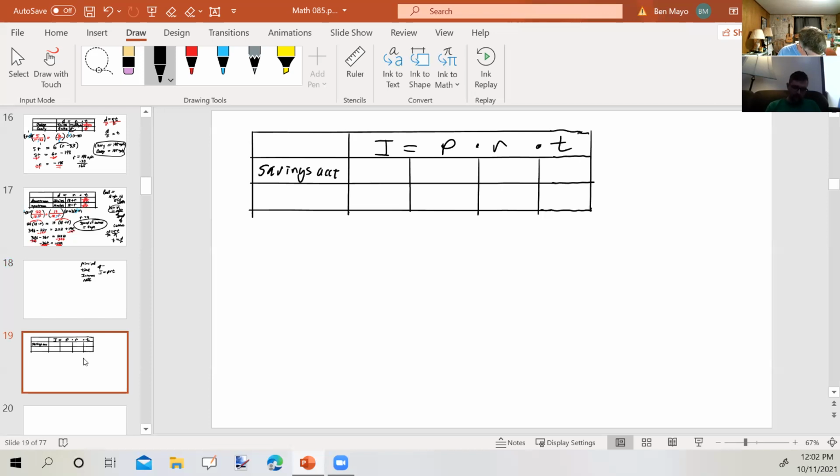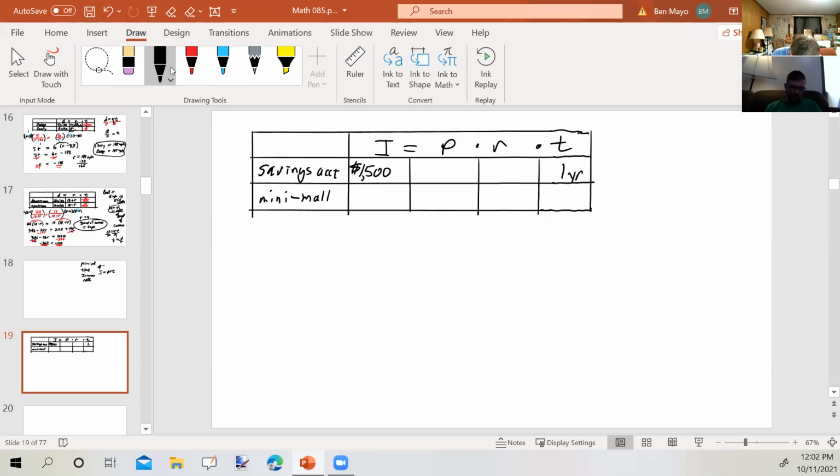The other is a mini mall. So an amount of money invested for 1 year in a savings account, so that time is 1 year, will earn $1,500. That's the interest.